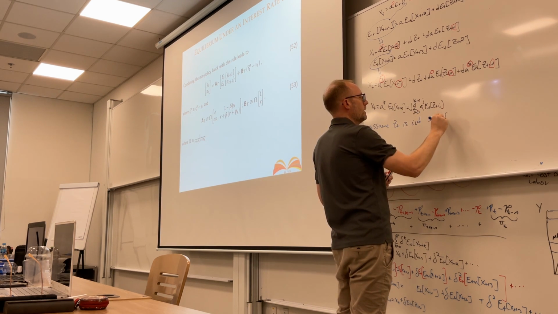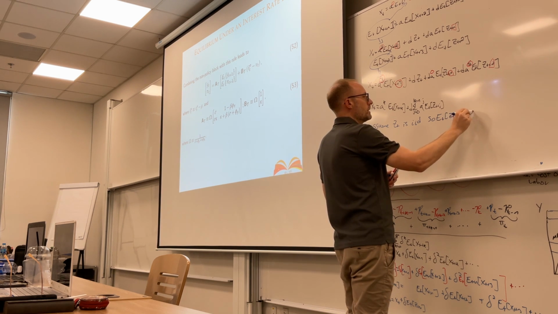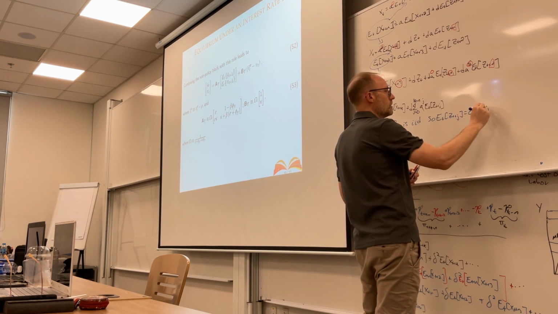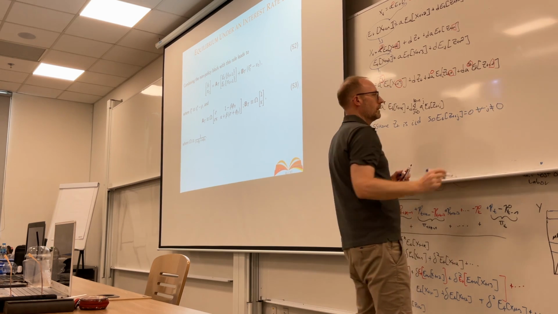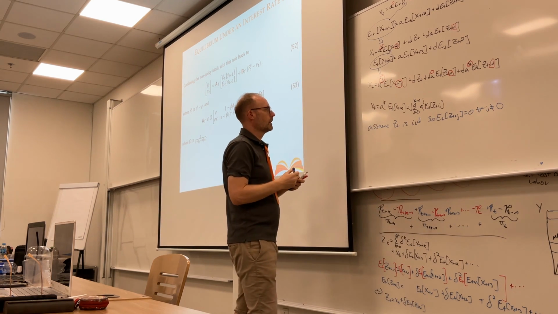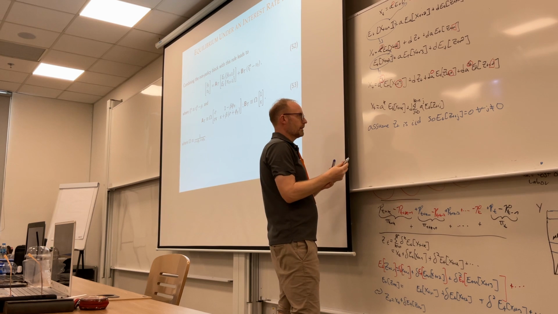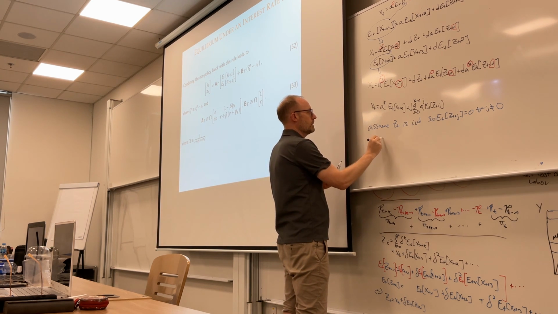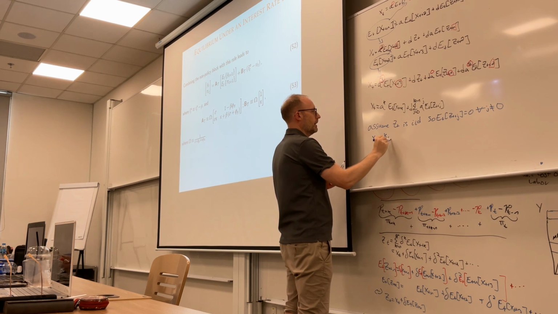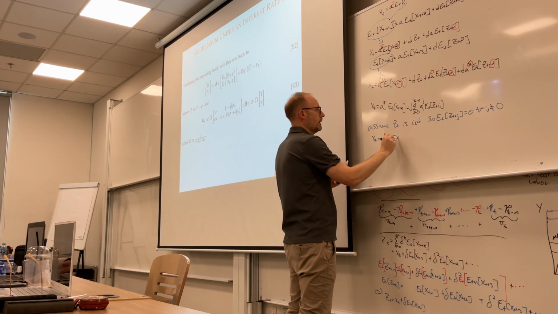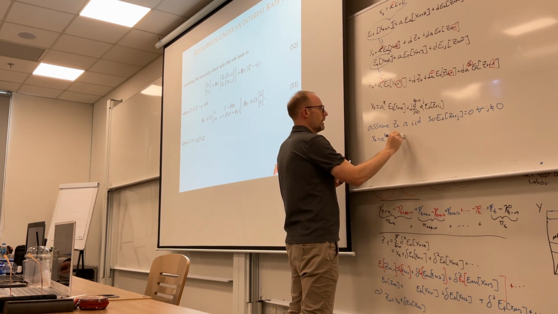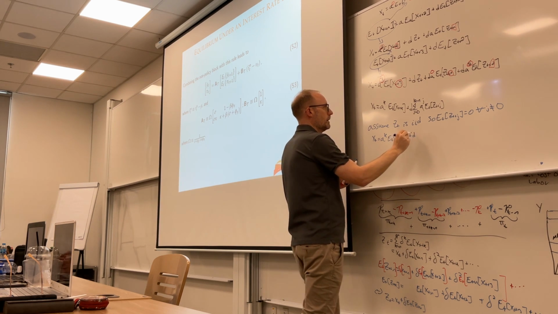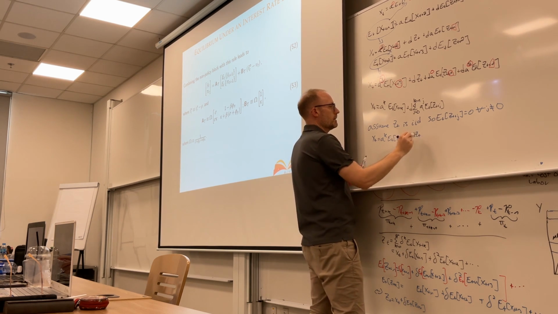So E_t of z_{t+j} is equal to 0 for all j not equal to 0. In that case, this would become x_t equals a to the power of k E_t x_{t+k} plus d z_t.